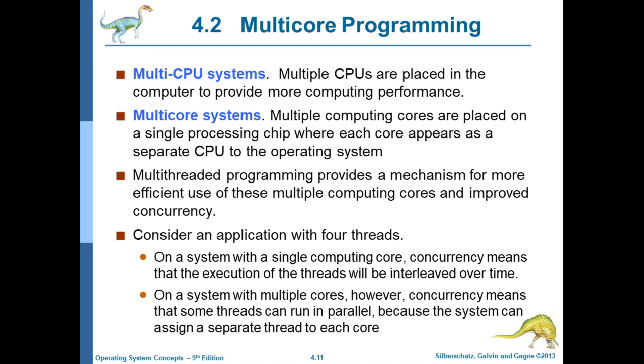On a multi-core system, however, the operating system can assign each thread to a different core, meaning that some threads can run in parallel at the same time. This can improve the performance and concurrency of the application.